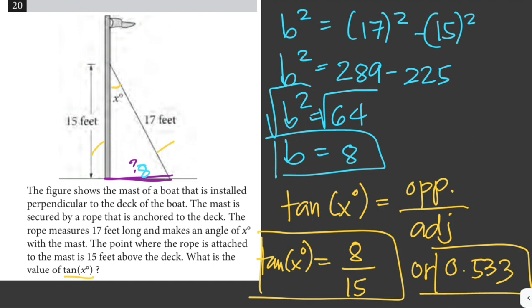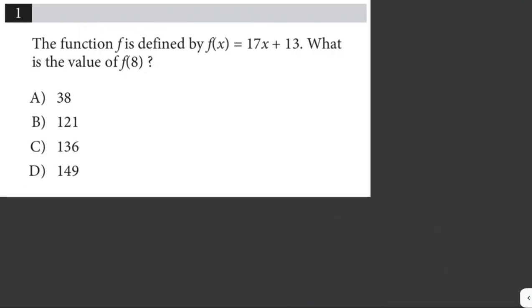Right, let's solve another one. The function f is defined by f of x equals 17x plus 13. What is the value of f of 8? So we're given here this function, and we need to solve for the value of y when x is equal to 8. Therefore, f of 8 is just equal to, we substitute 8 for x.